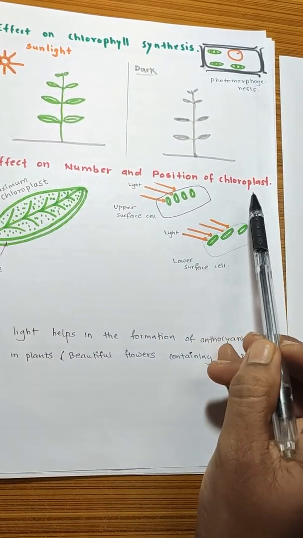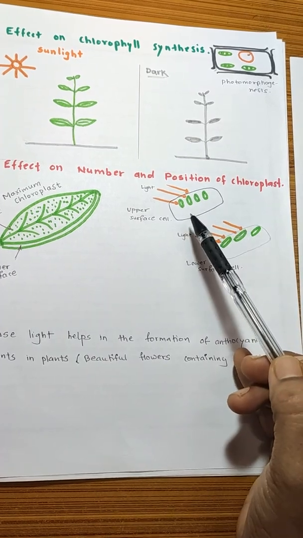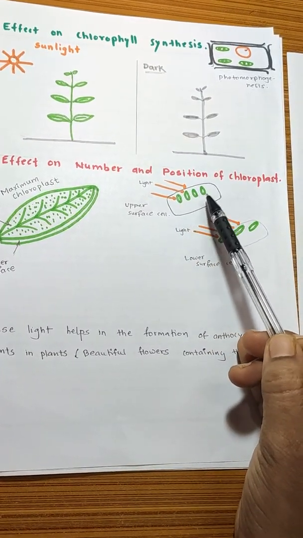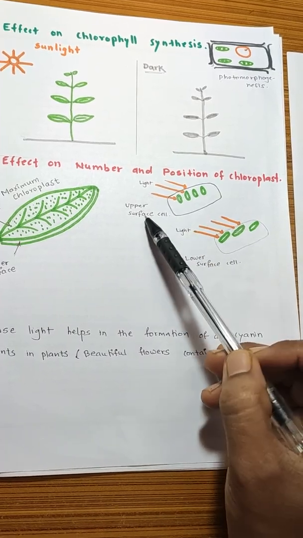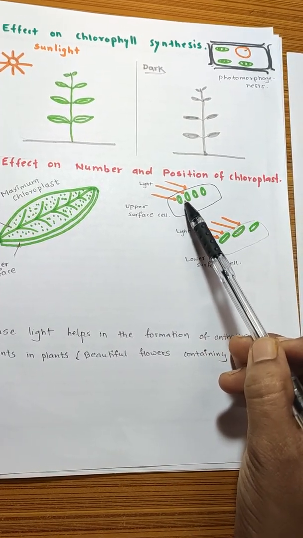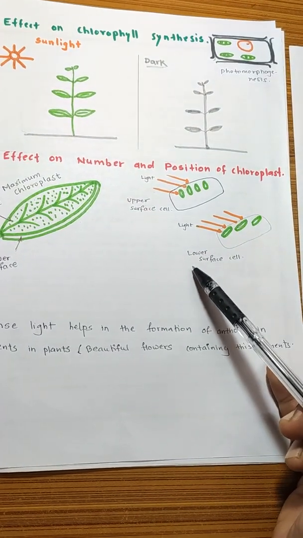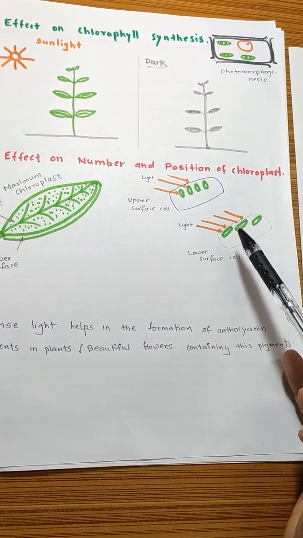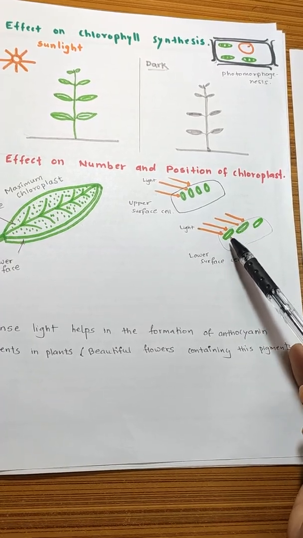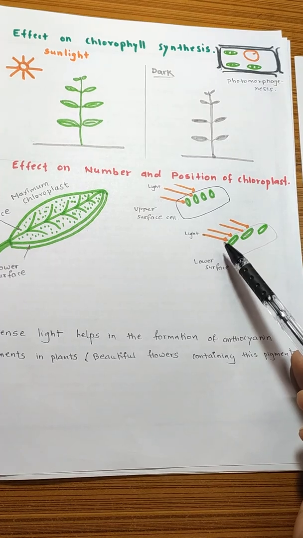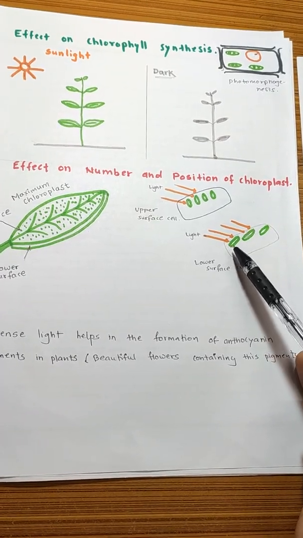As well as the position of chloroplast: the organelles in the upper cells are aligned in a line toward the light, while the lower surface cells show the chloroplast at right angle to the light for more absorption of light.